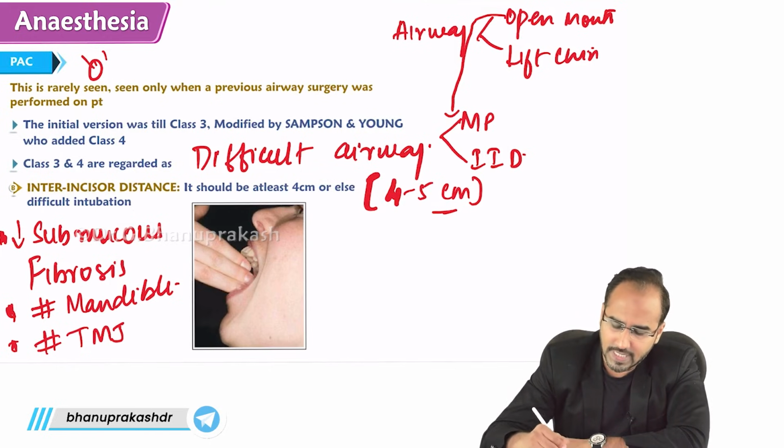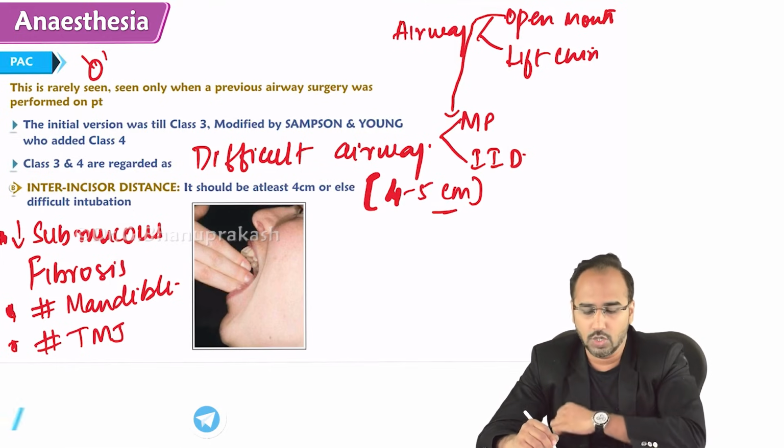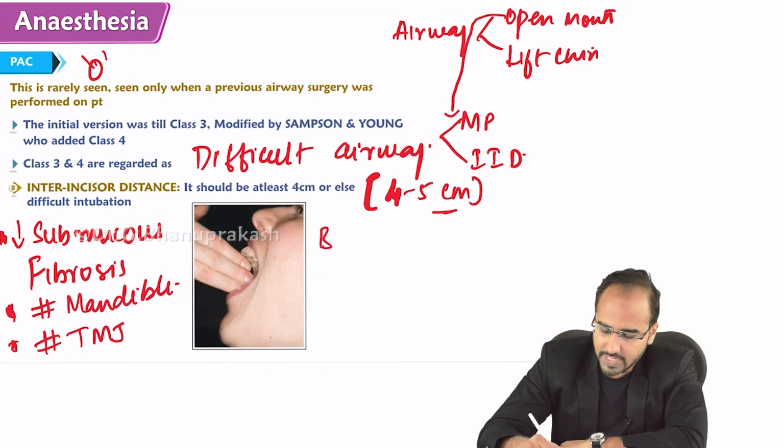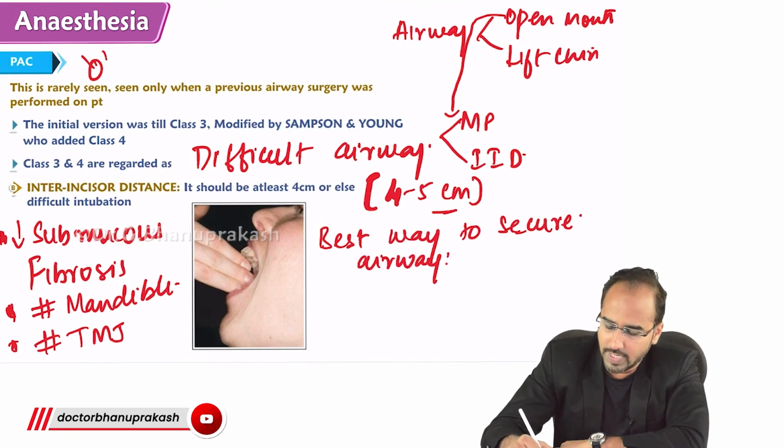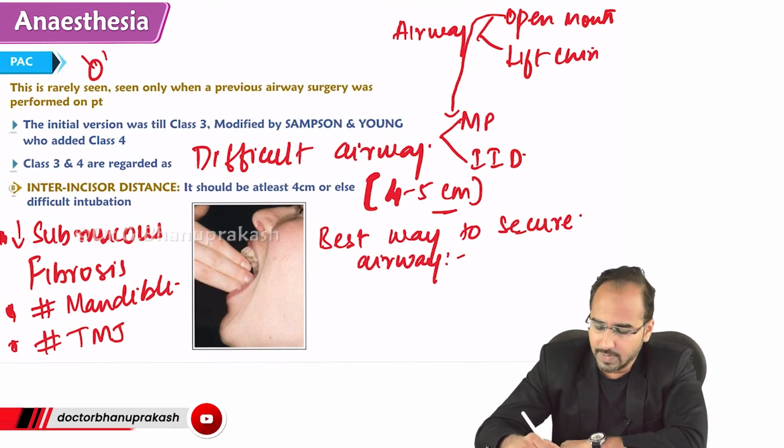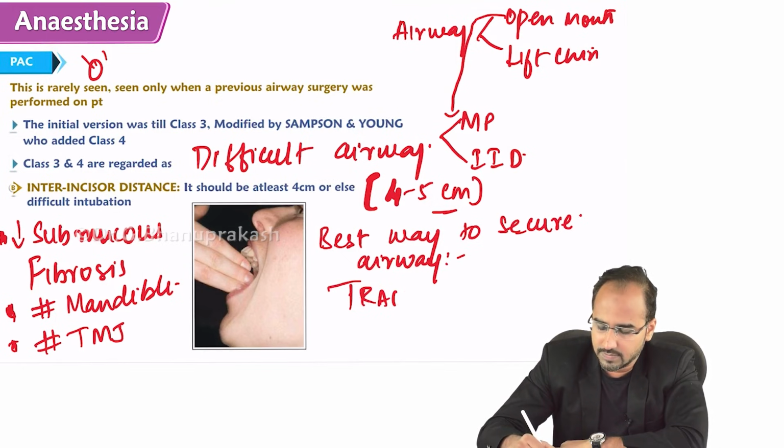In all these cases, patients who have low inter-incisor distance, the best way to secure the airway is by, come on guys, what's the best way to secure the airway of a low inter-incisor distance patient? Is by tracheostomy.